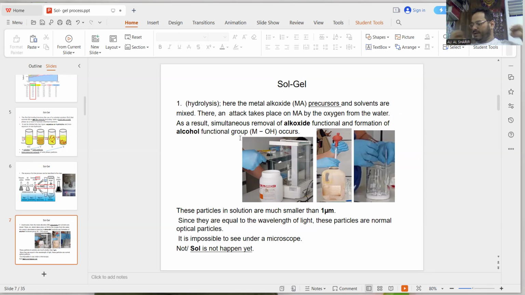I used inorganic solvents, like I said before. Then an attack takes place. Which attack? Oxygen attack takes place on the metallic oxide by the oxygen from water. As a result, continuous removal of the alkoxide functional group and formation of the alcohol functional group, MOH, occurs.